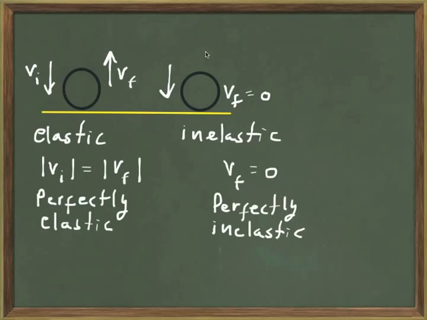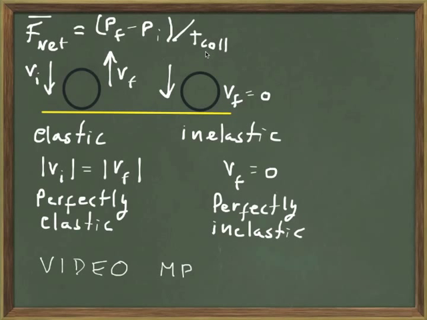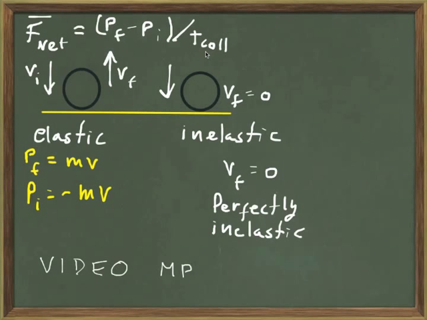So why don't we look at the change in momentum experienced by this ball. Let's say that the magnitude of the speed is v. So final momentum is mv. It came down with minus mv. Minus, remember, because it's a vector, so you have to deal with the different directions. So what's the change in momentum that the elastic ball experienced?